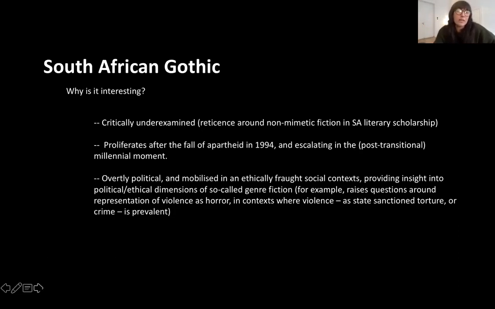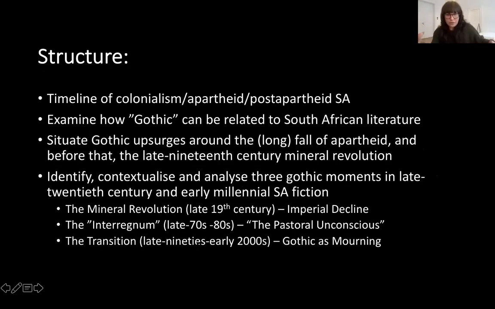Okay, so the structure of this talk, which I realize has already started: I'm going to very briefly run through a timeline of colonialism, apartheid, and post-apartheid periods in South Africa, because I recognize this is not necessarily a history that everybody is familiar with. Then I'm going to think about how the word Gothic can be related to South African literature.